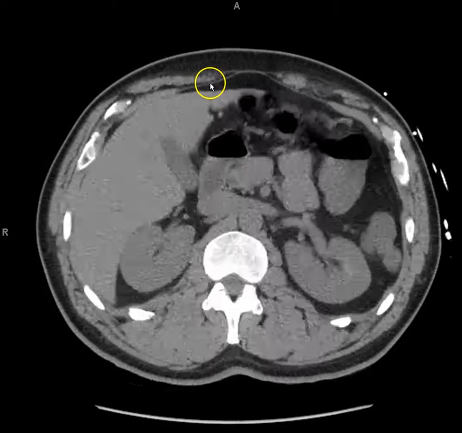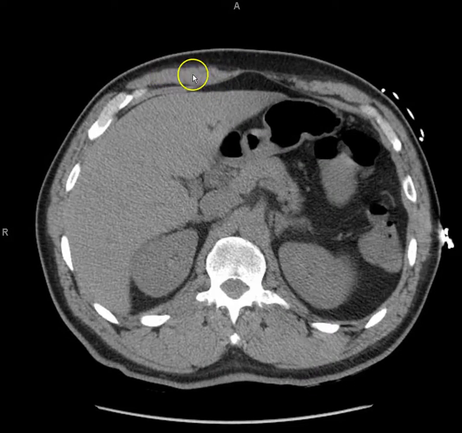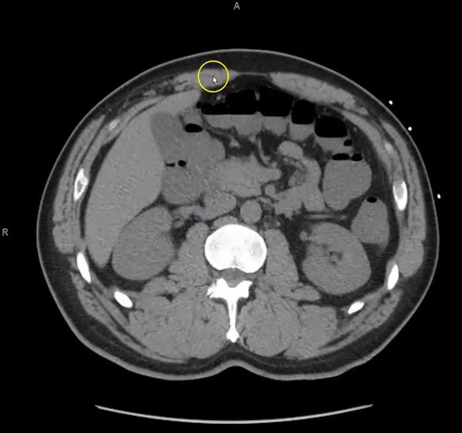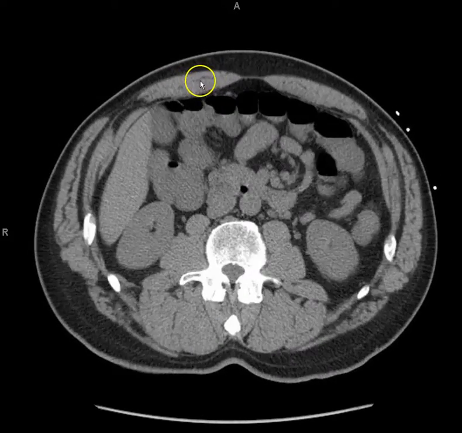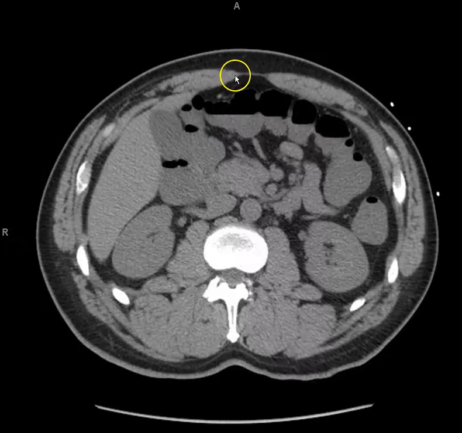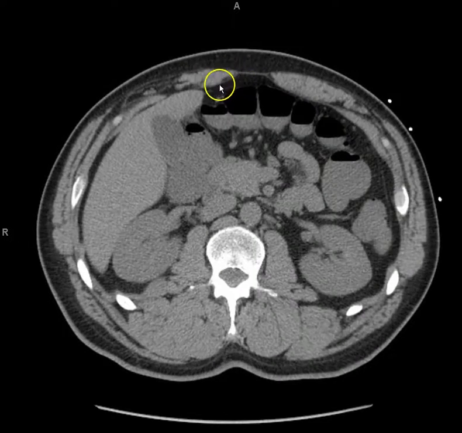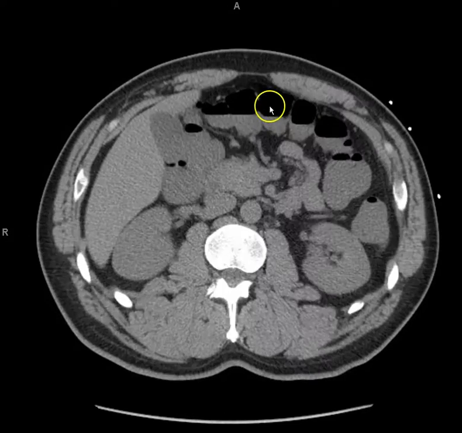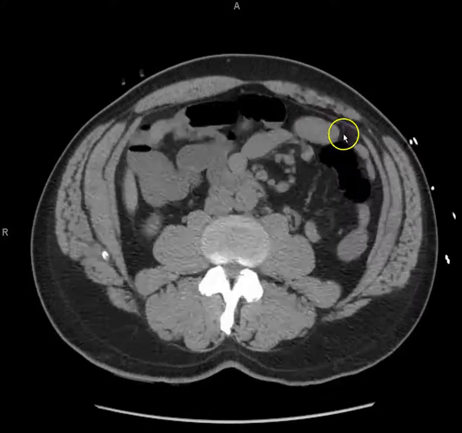And then you see this, what is this? The rectus abdominis muscle. That's right. You can actually see the posterior and anterior rectus sheath. You can look at this and see it's continuous all the way through, so he doesn't have a hernia. Okay, let's keep going down.